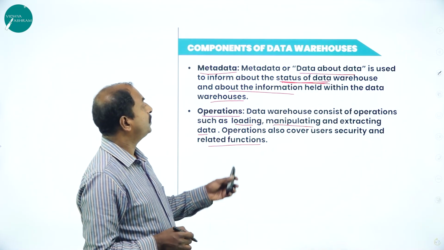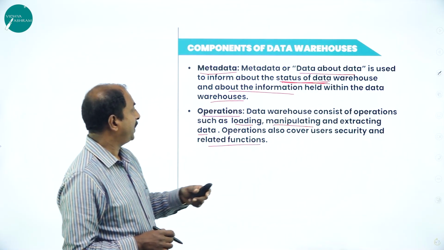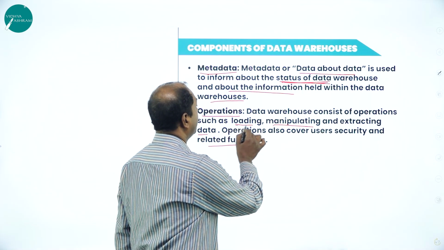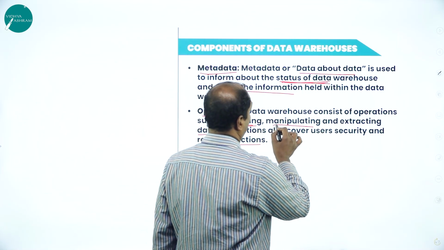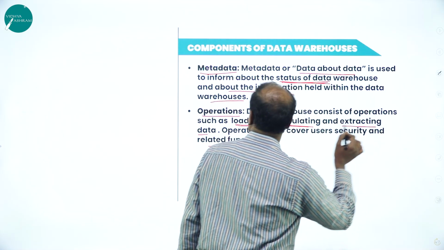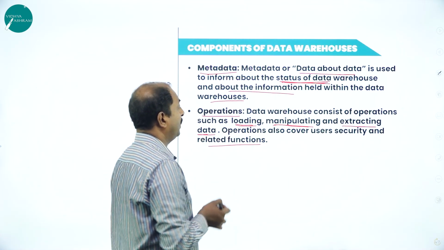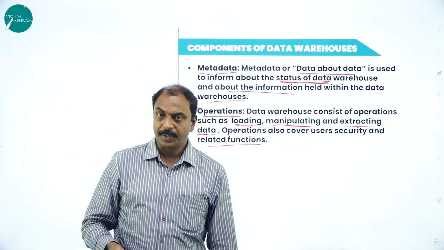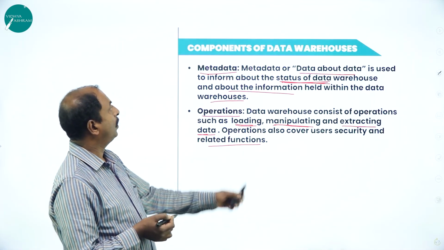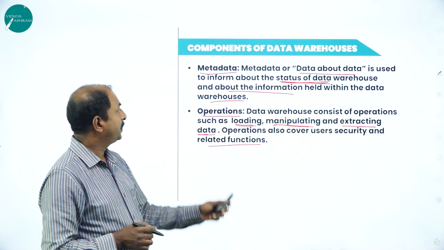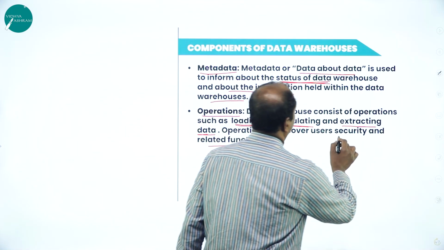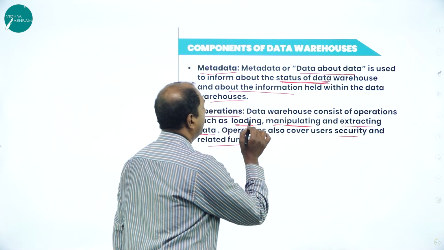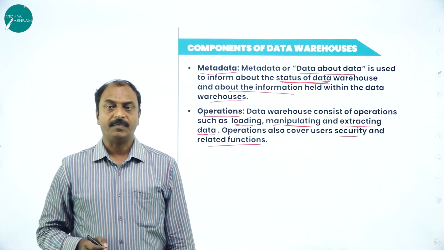If we use the database for different operations, loading is a type of operation, and manipulating, updating and extracting data information, these are all different operations that can be done on a data warehouse. So these are nothing but operations. It also covers security and related functions of the data warehouse.